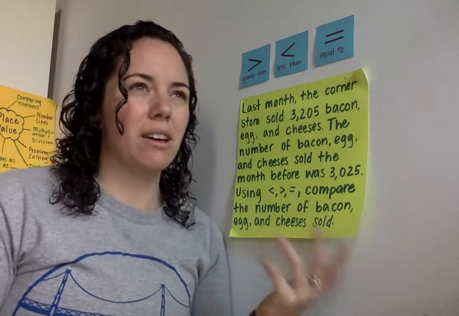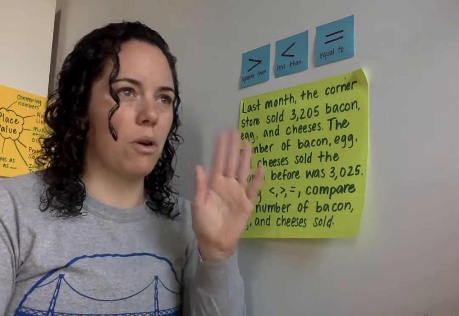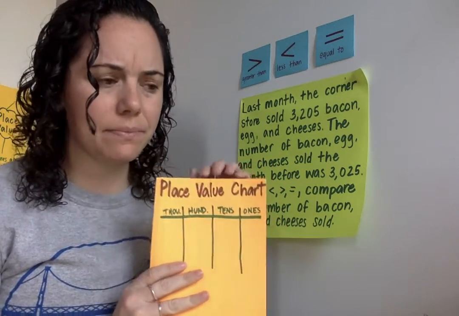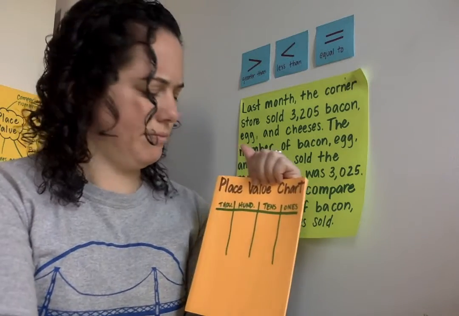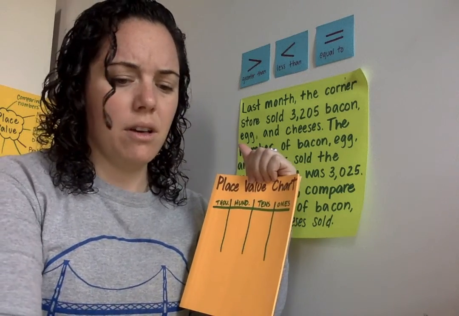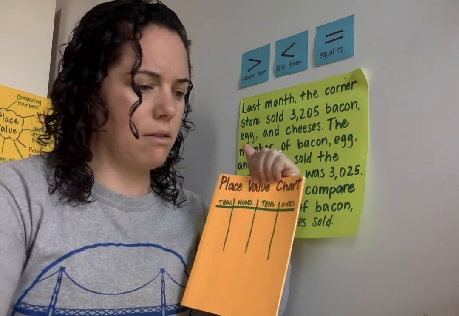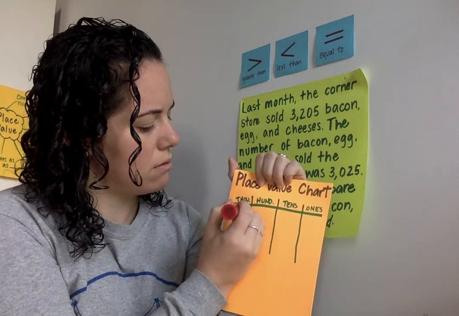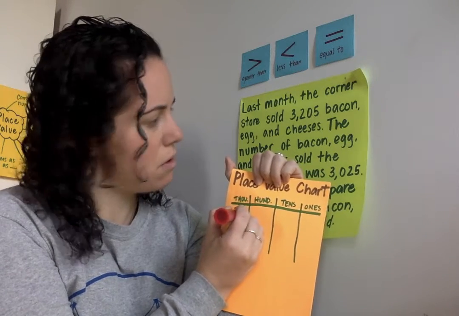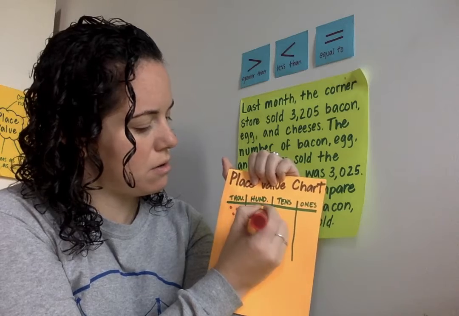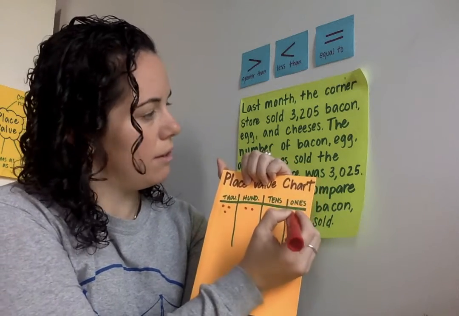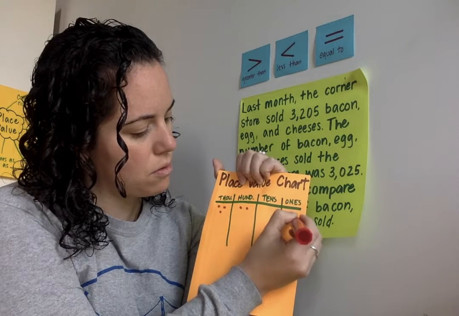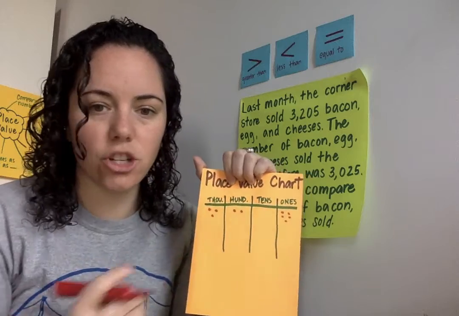Now, one way I'm thinking about showing my work about comparing these numbers of bacon, egg, and cheeses is with a place value chart. Now, I know that last month, 3,205 bacon, egg, and cheeses were sold.